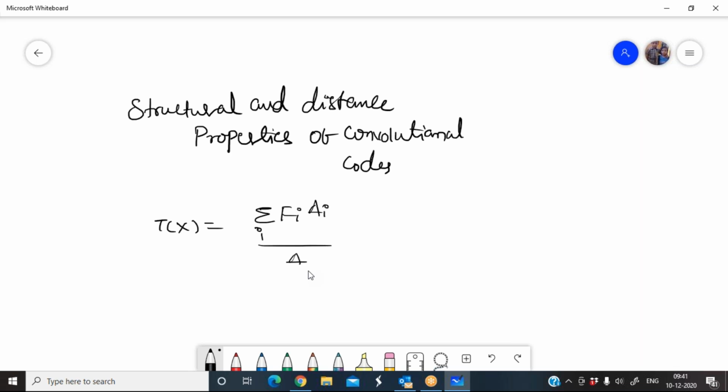Already I told that nearly 3 to 4 conditions, and with the help of those conditions you have to draw the modified state diagram, and from the modified state diagram you have to identify the forward paths and how many are available, how many loops are available, and how many non-touching loops are available. By finding all those things, you have to substitute into Mason's gain formula, then you will get the transfer function or generating function, right?